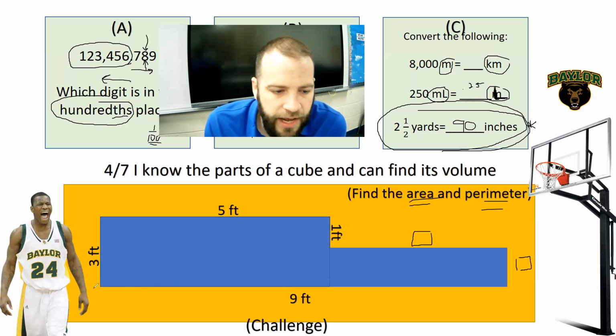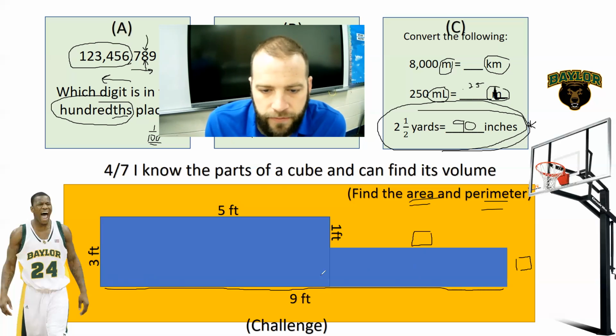So this whole thing's 9. And then if this is its own rectangle right here, that's 5 on top, so that means it's 5 right here. And if this is 5, this must be 4, because 5 plus 4 makes you 9. And if this is 4, that means this is 4.